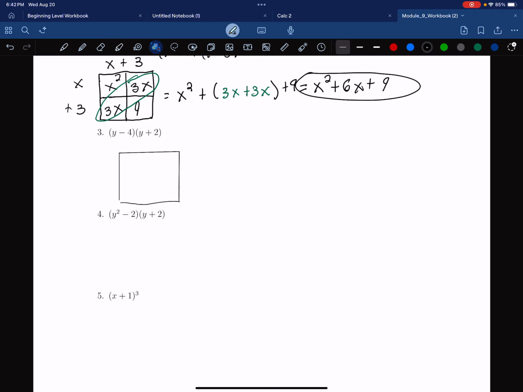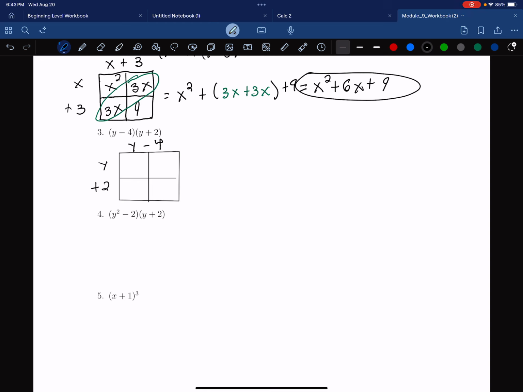Even though we're dealing with y rather than x, everything is still the exact same process. Nothing is going to change in terms of our process. So I'm going to transfer that y minus 4 to the top of this box. And then I'm going to transfer the y plus 2 to the side.